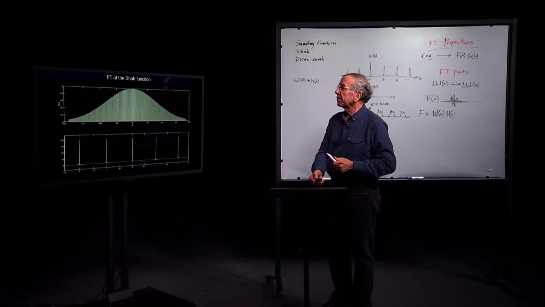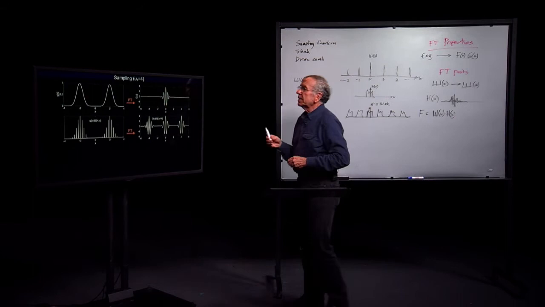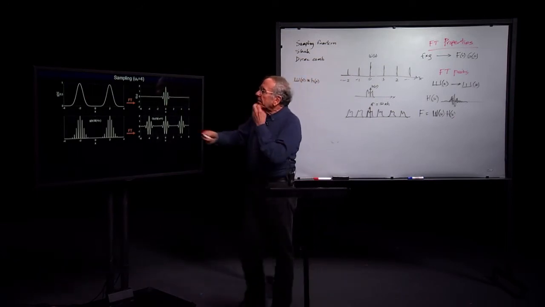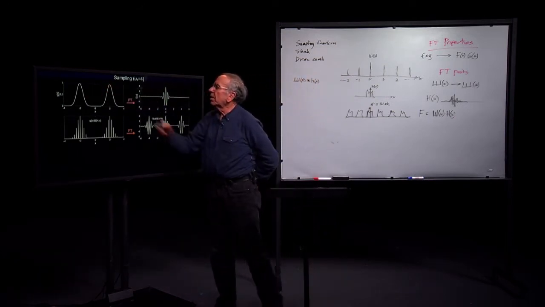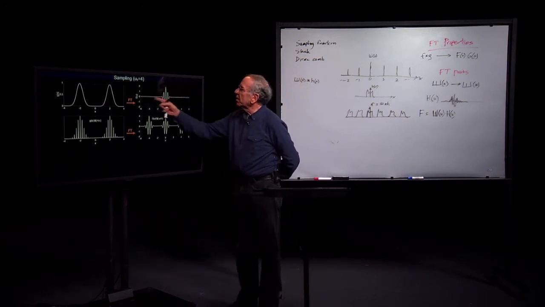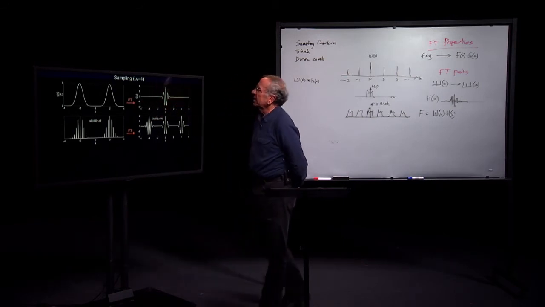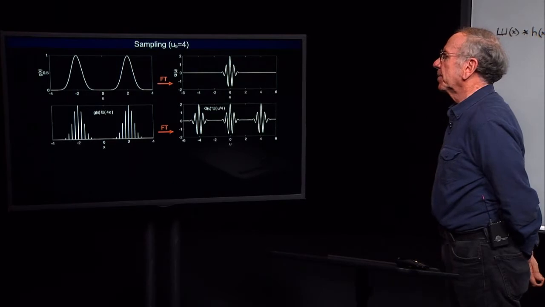Here is our starting original function g of x, and we know from our problem set that the Fourier transform of that is going to be this oscillating object.